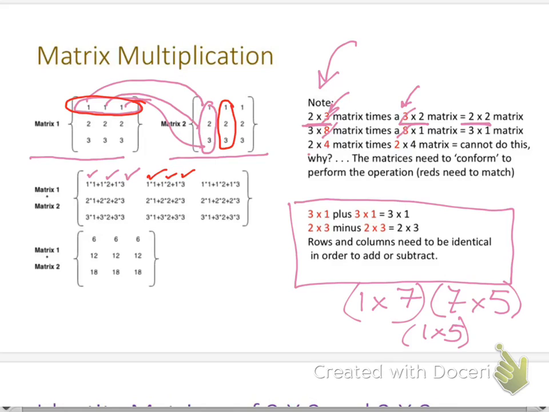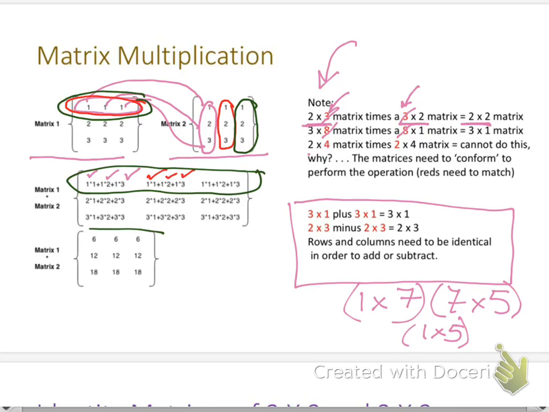And then we're going to keep going. Turn that green. This row by this column. When you finish that operation, we will have this entire thing done, and that is the top row of your matrix. That is the pattern we're going to follow for matrix multiplication.